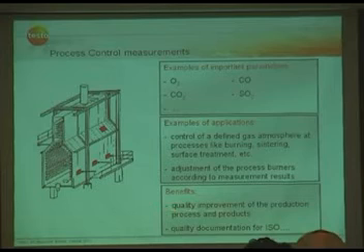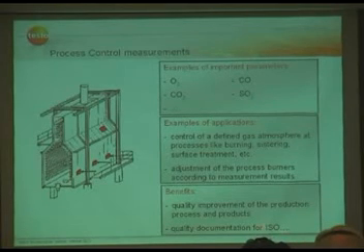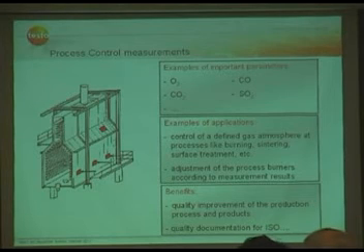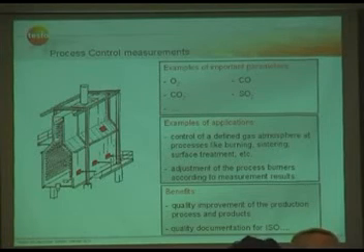Of course, the result is quality improvement of the production process and of the products. And you also have quality documentation for ISO if the plant is certified and you need to show a specific compliance regarding your quality standard.